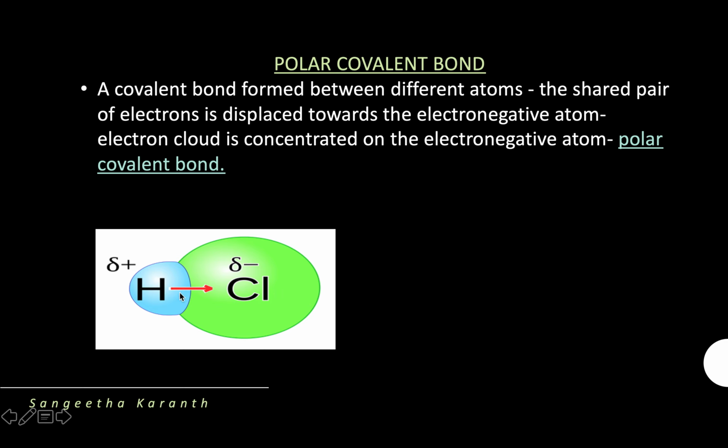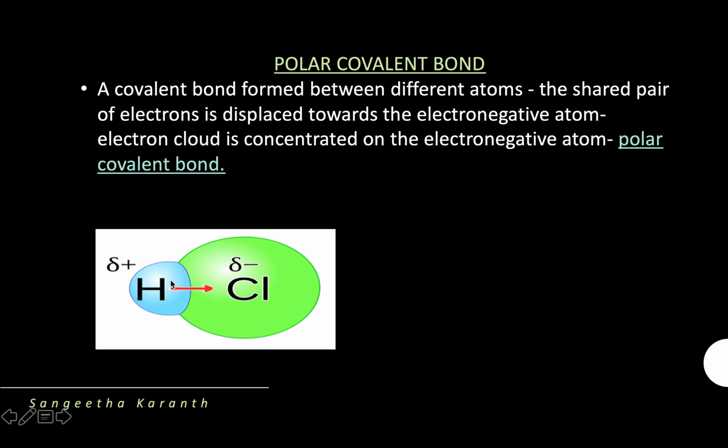So such a bond that occurs between hydrogen and chlorine, that is when one atom is more electronegative, is called a polar covalent bond. Since the electron pair is more displaced towards chlorine, the chlorine atom gets a partial negative charge, which is represented as delta minus.